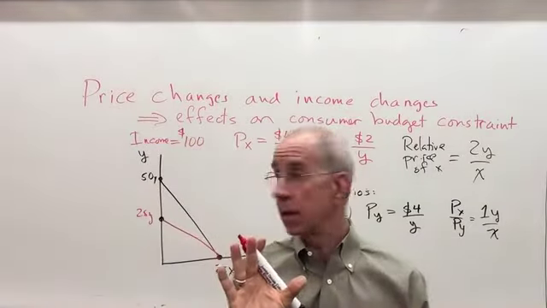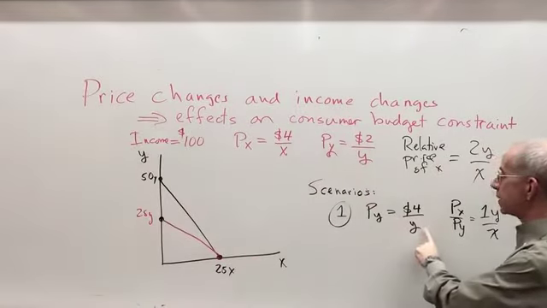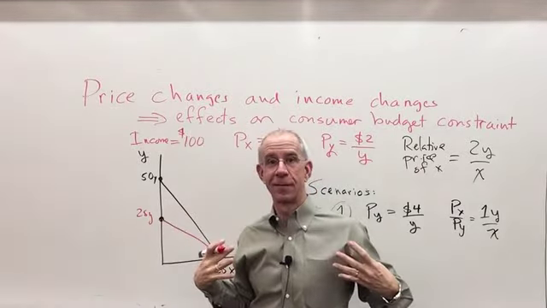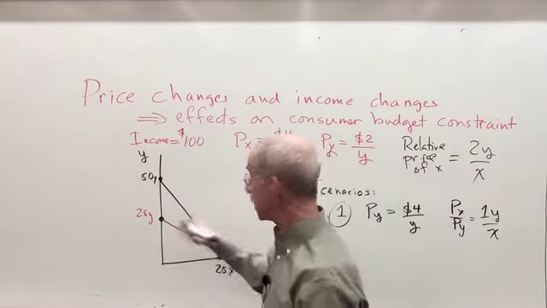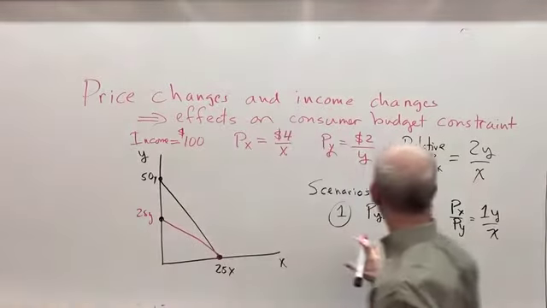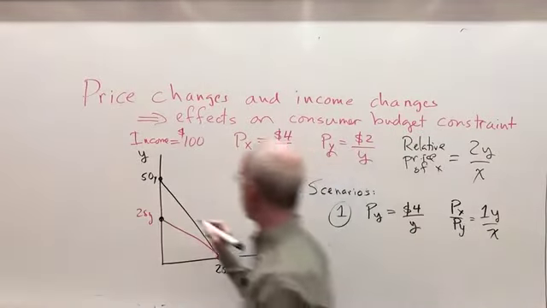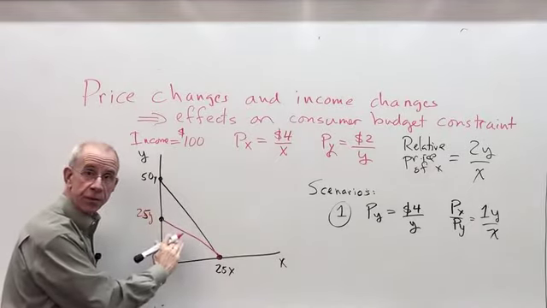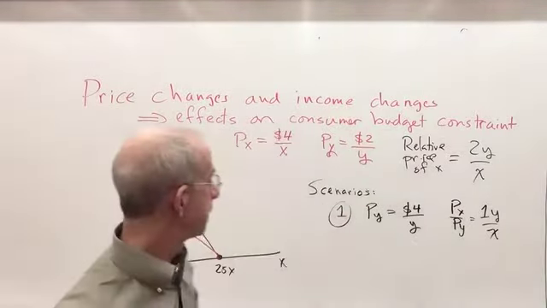With that same level of income and an unchanged price for X, the increase in the price of Y will essentially contract the budget constraint. This red line now reflects the diminished effective income, if you will, because the price of Y went up. The slope of this new budget constraint is 1Y for every X. It's the rise over the run, okay?